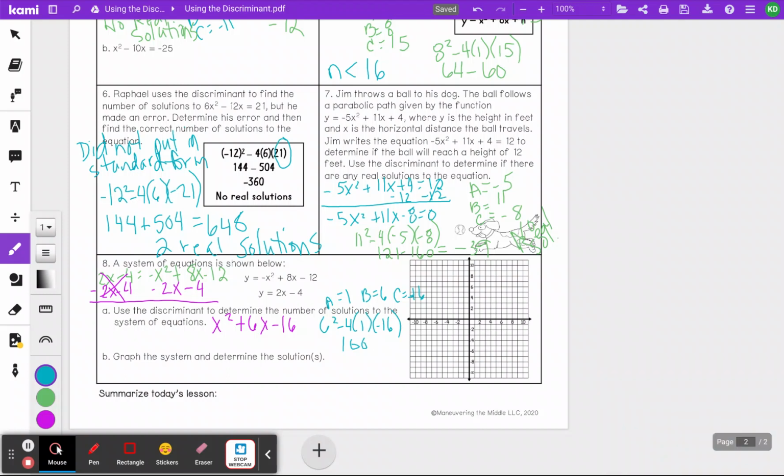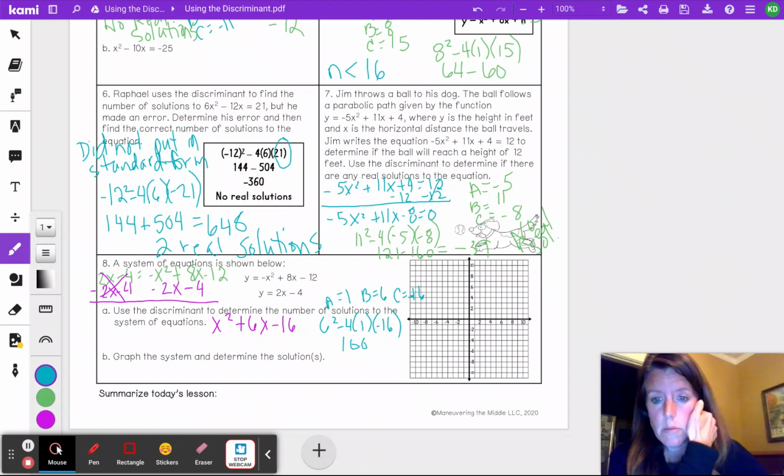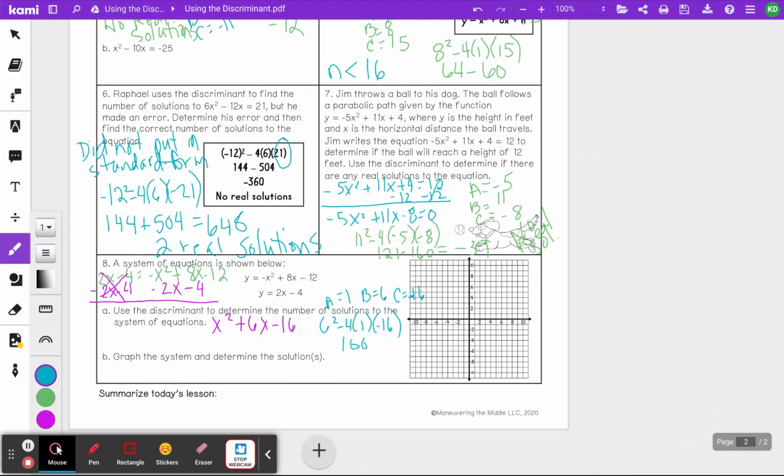So I'm going to pull up my Desmos graphing calculator, and put this in and see if I'm right. So this was x squared plus 6x minus 16.